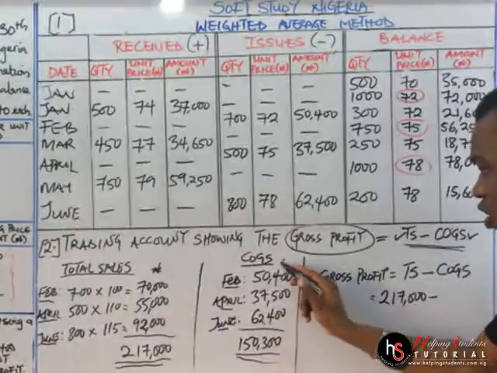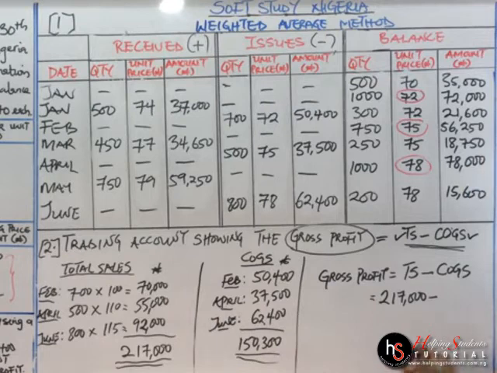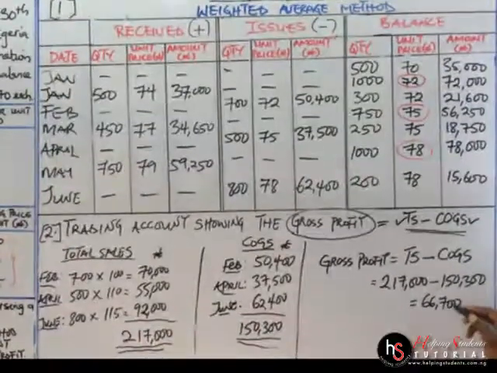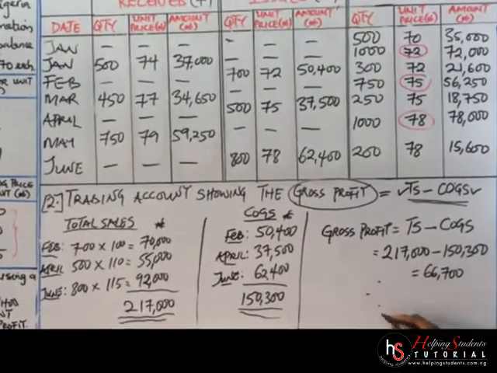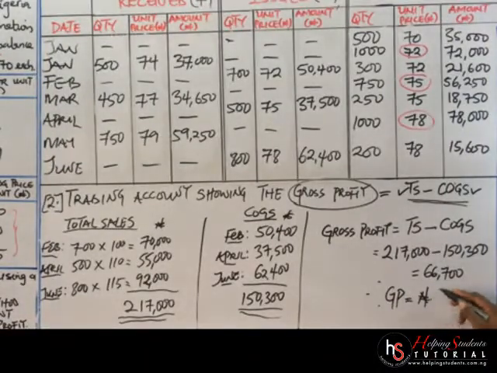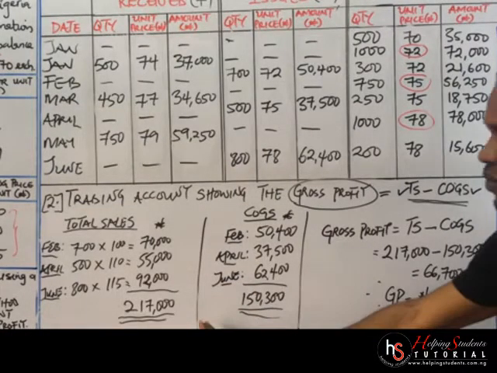And what is our cost of goods sold? Our cost of goods sold is 150,300. So when we subtract 150,300 from 217,000, it gives us 66,700. So therefore, the gross profits is equal to 66,700.